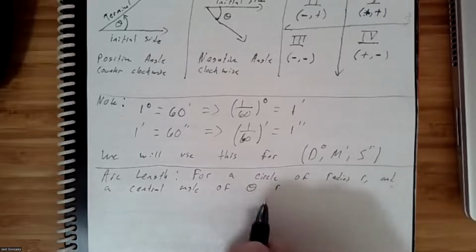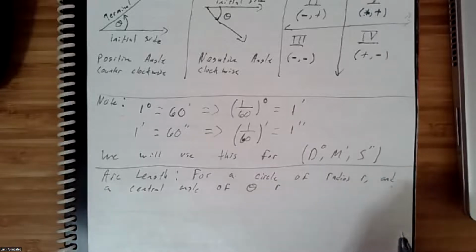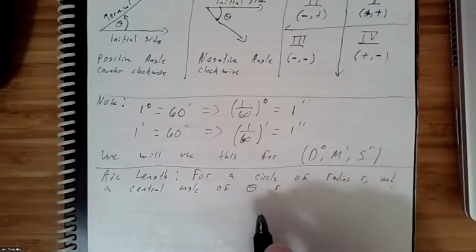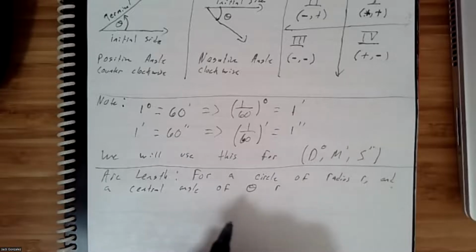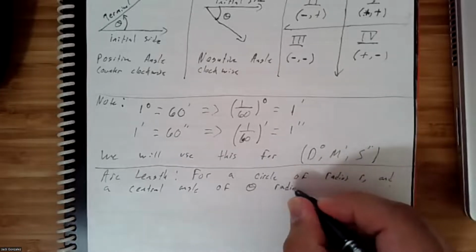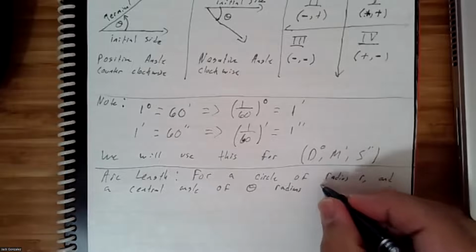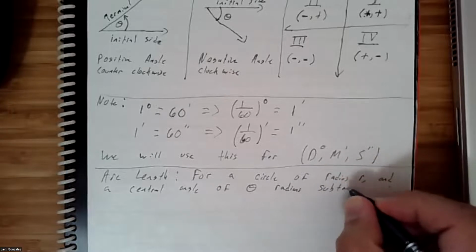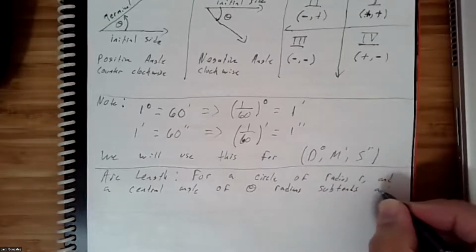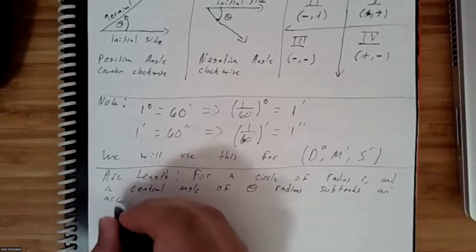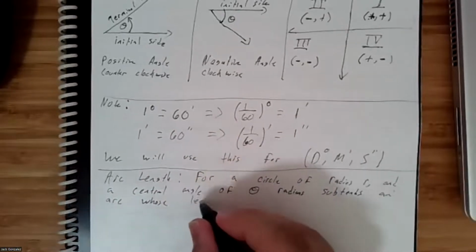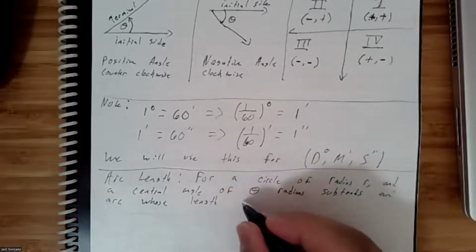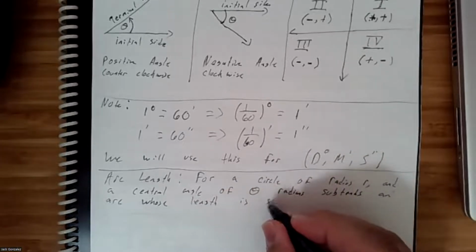Pre-cal likes to reserve a lot of Greek letters for angles. We'll probably use alpha, beta, and gamma, but mainly theta, lowercase theta. Anyway, central angle of theta radians subtends an arc whose length is S equal to R theta.